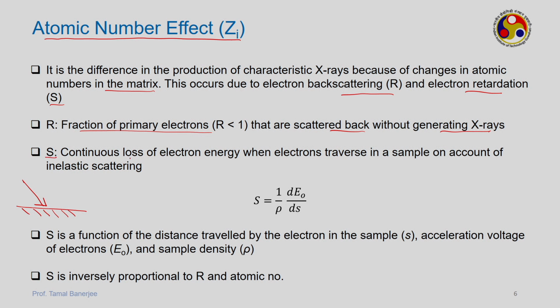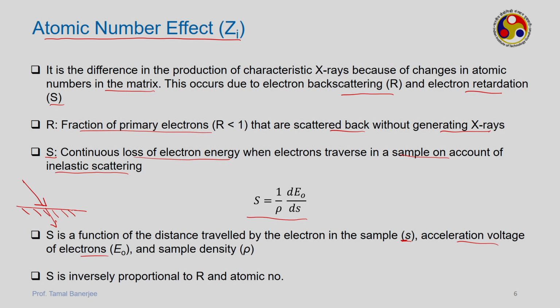Then there is the S factor. What is this S? S is the continuous loss of electron energy when electrons traverse the sample. When the beam strikes the sample, it will travel inside, but there will be a loss in electron energy on account of inelastic scattering. This loss is defined in this expression where rho is the density of the sample, E naught is the acceleration voltage, and S is the distance travelled.